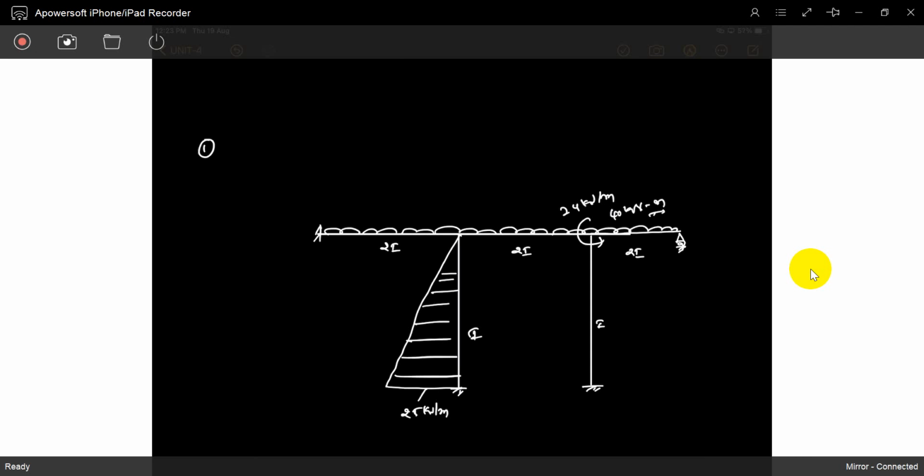Its length is 5 meters, its length is 4 meters, its length is 5 meters, height is 4 meters. Those are the values.